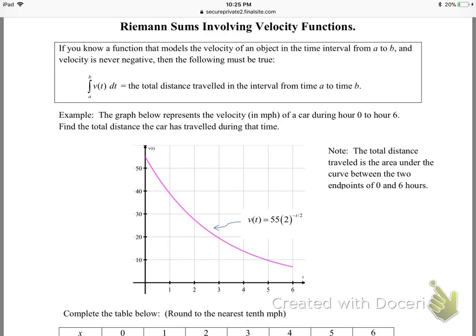Take the derivative of velocity, you get acceleration. Well, working backwards, I can figure out, if I have an interval from hour 0 to hour 6 of a velocity function, and I want to figure out, okay, between these hours, 0 and 6, how far did this car go?